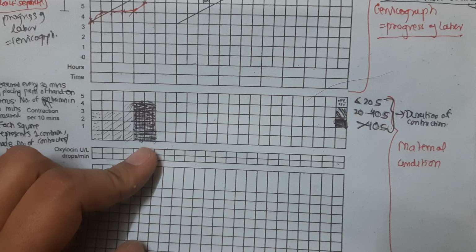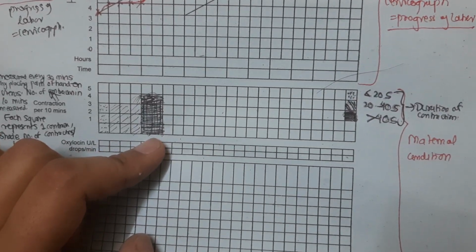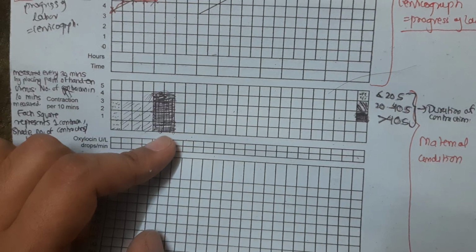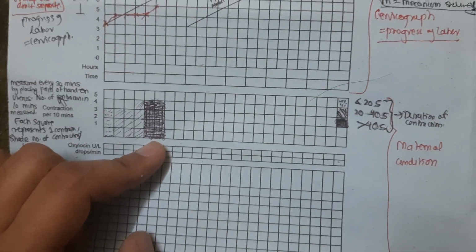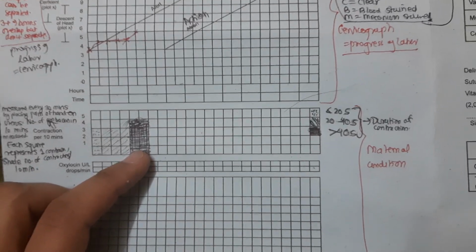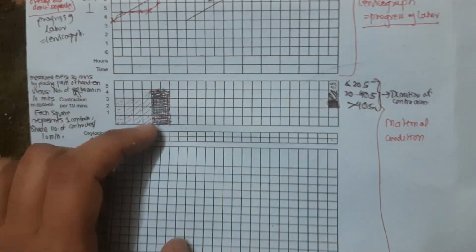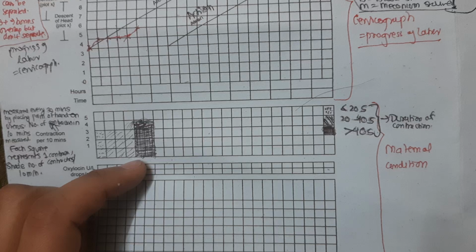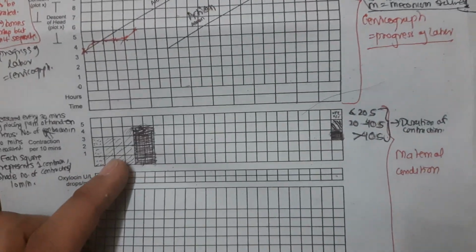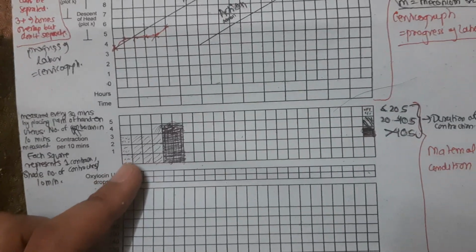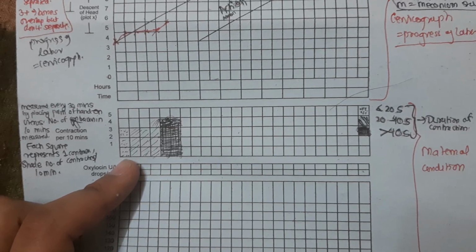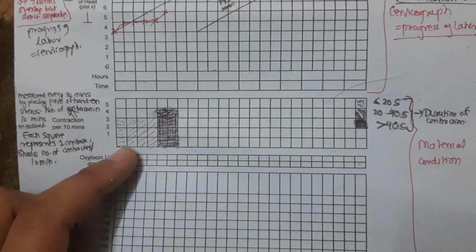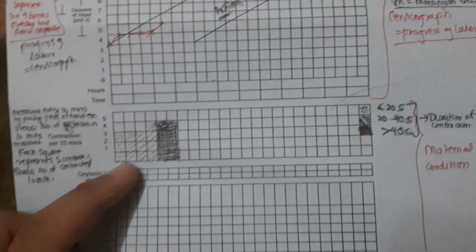This is recorded every 30 minutes. The uterine contraction is measured every 30 minutes by placing the palm of the hand on the uterus, and the number of contractions in 10 minutes is counted. Each square represents one contraction, and we have to shade the number of contractions in 10 minutes.